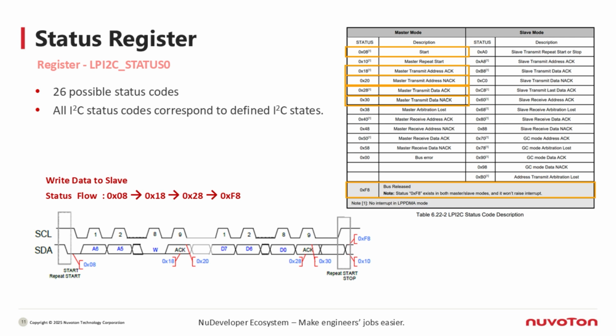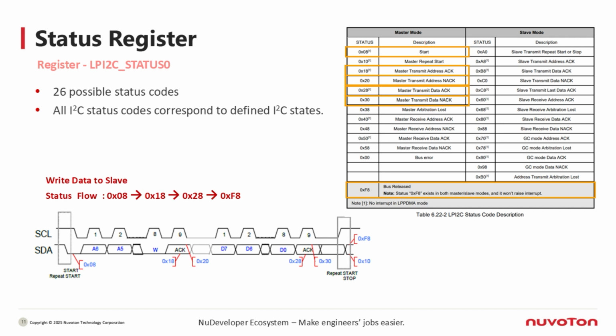Next, let's take a look at the status register. This register lets us see the current operating status of the low power I2C. It actually defines up to 26 different status codes, and each one represents a specific stage in the I2C communication process. For example, when the master is writing data to a slave, first you'll see that the start condition has been sent, which is represented by code 0x08.